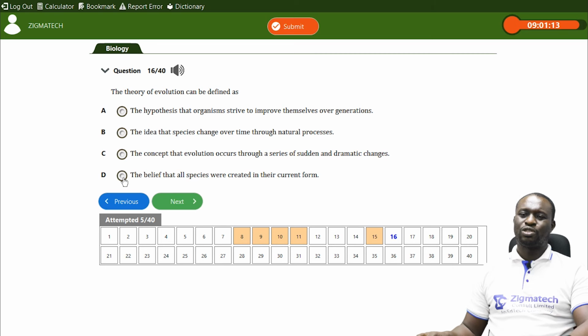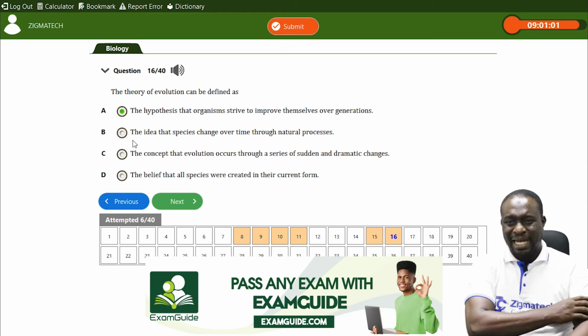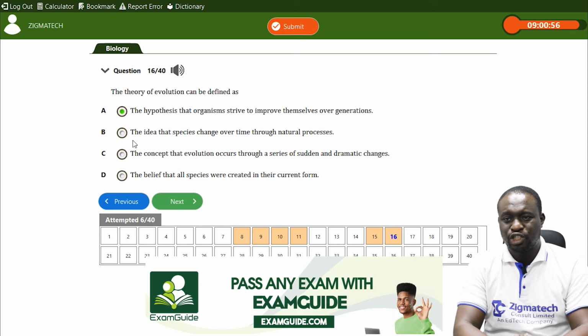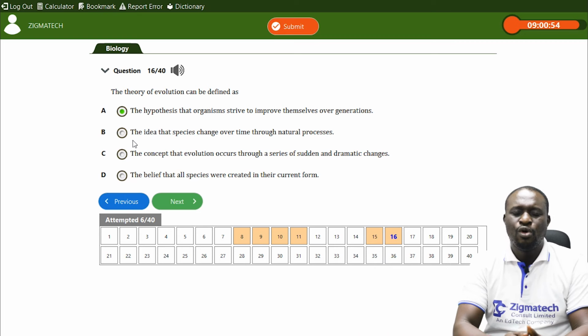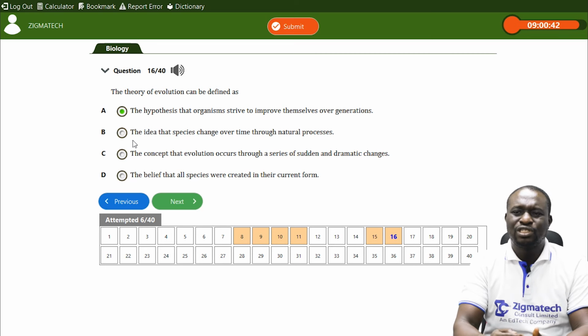Option D is totally out of it. Option A is also totally out of it. The two options that actually explain the theory of evolution are B, which is the idea that species change over time through natural processes, and option C, which says that evolution occurs through a series of sudden dramatic changes.